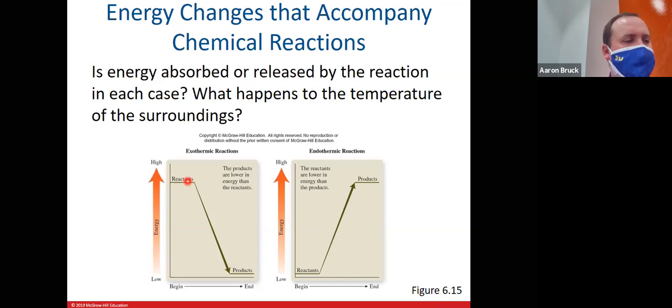So if you're on Zoom, give me a 1 for absorbed and a 2 for released. If you're here in the classroom, just show me on your fingers. 1 for absorbed, 2 for released.